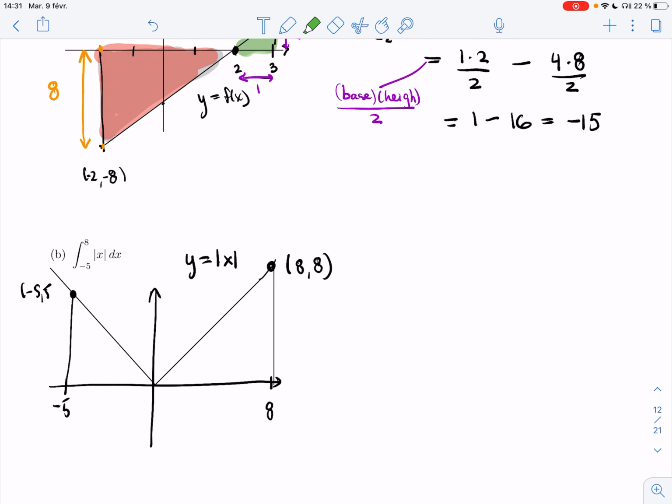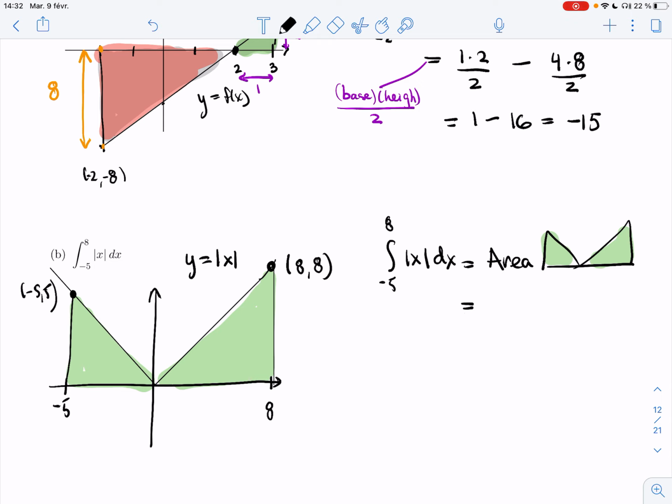Notice that the entire region is above, so everything will be in green. And so I just have to compute the area in this case. There's no negative region. So I'm going to take the area of both and add it.